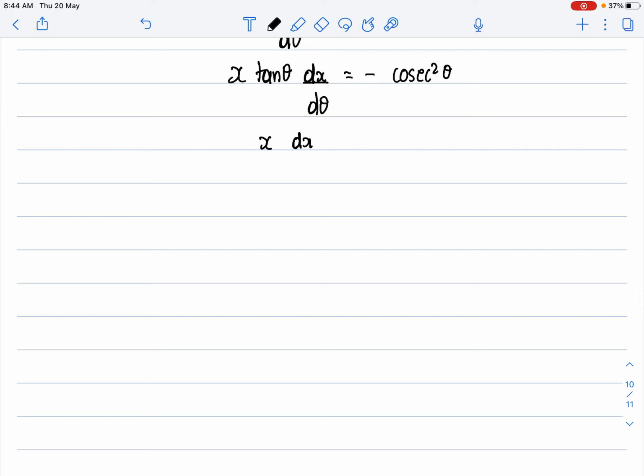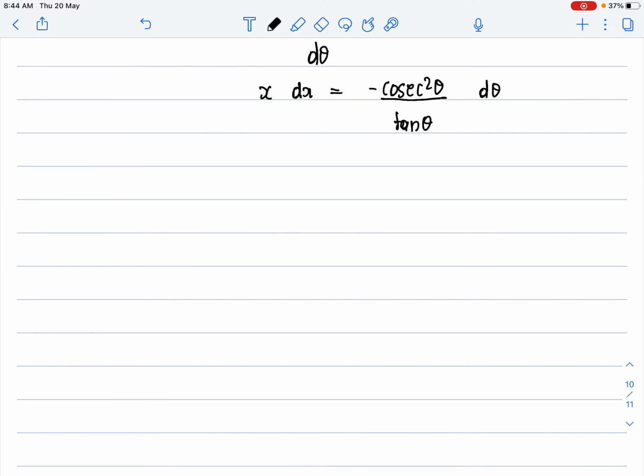Now I can write this as x dx equals something d theta. This is called the variable separable form, where I'm keeping my thetas together and my x's together. So x dx equals minus cosec square theta, which is minus 1 over sine square theta, over sine theta over cos theta, d theta.